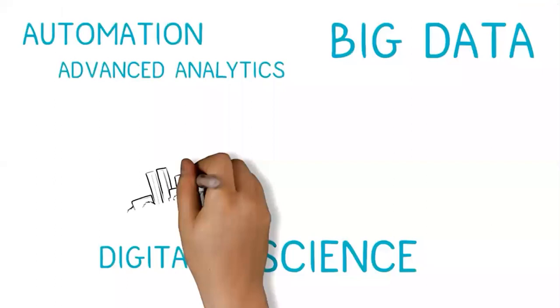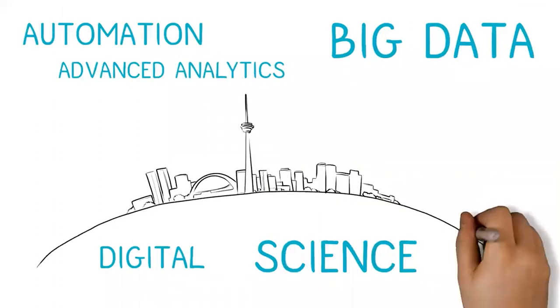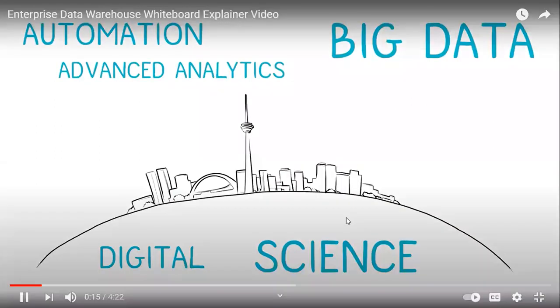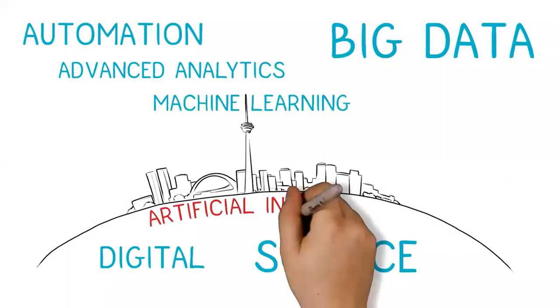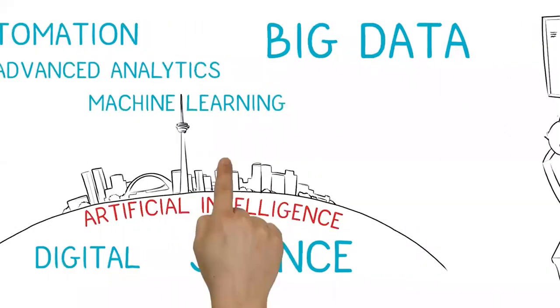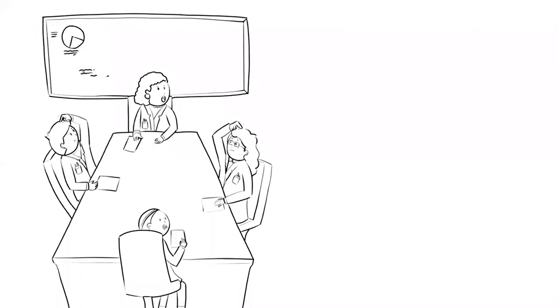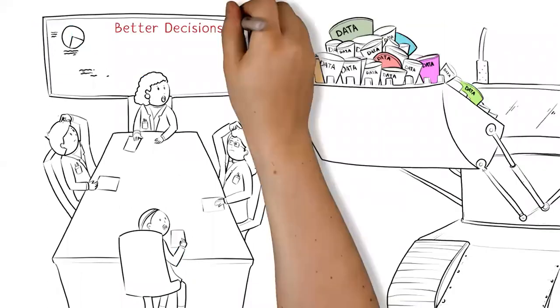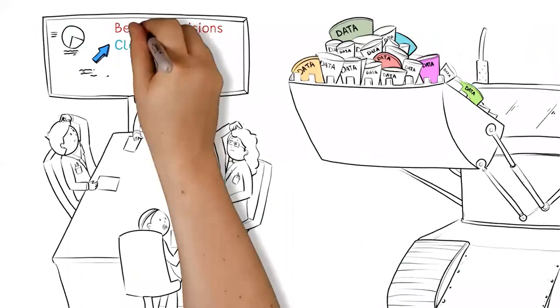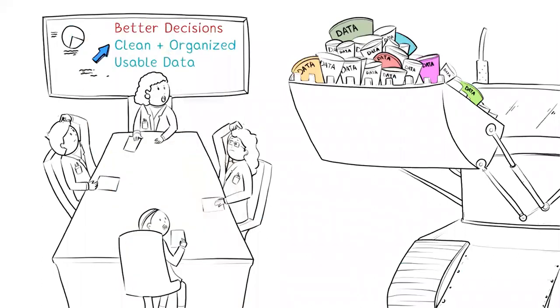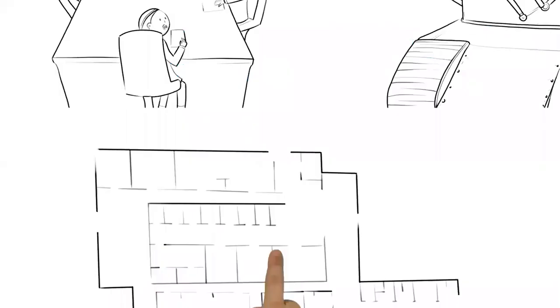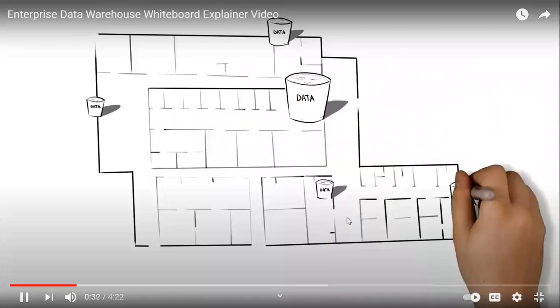The data revolution is transforming society through the use of emerging technologies, such as machine learning and artificial intelligence. These technologies are also helping our doctors make better decisions, but require clean, organized, usable data. In a hospital, many different information buckets exist.